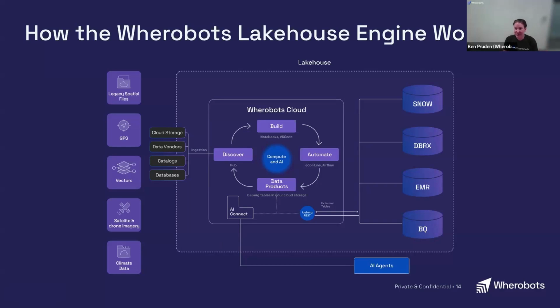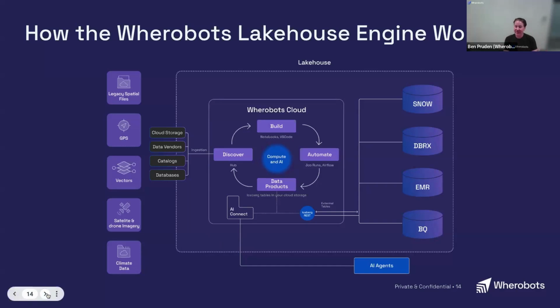That's what I was speaking to earlier, being able to use your AI agents to interact with your data that's in Wherobots as a cloud service. And then finally, push that data out on the other end. If you want it in Snowflake or Databricks or other systems that you're working with, you can push that data out, or you can connect it directly into front-end applications that you might be building.